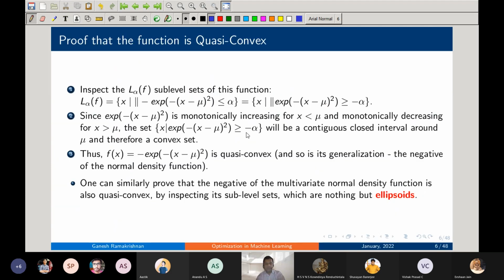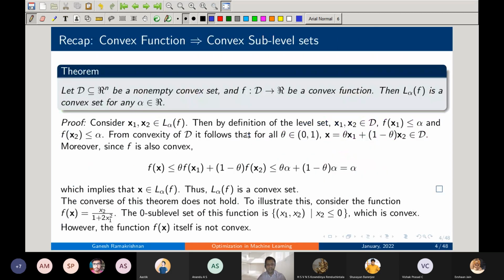So the proof you need to make is that the function is quasi-convex. We're just going to inspect the alpha sublevel sets of this particular function. You can see the expression here. Now, does this make sense? Does this look convex? I'd like to remind you what we did in the case of the zero sublevel set of a particular function.